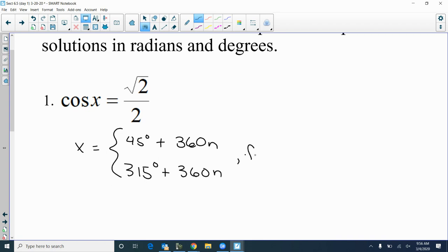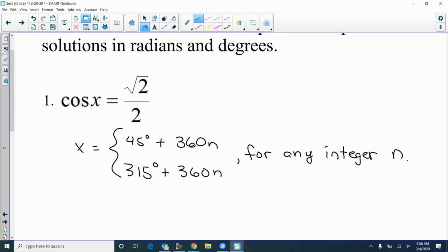One key thing I've got to put down: n has to be an integer, for any integer n. N could be a negative number, then you're just subtracting multiples of 360. That's not a big deal. So 45 degrees plus 360n, 315 plus 360n.